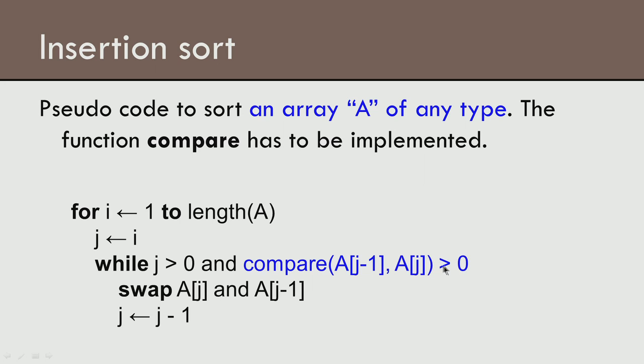The result of compare tells us whether a swap must be performed or not. If the result is more than 0, then definitely a swap must be performed, essentially saying that a of j is smaller than a of j minus 1, so the two elements must be exchanged. If the result is less than or equal to 0, then no swap needs to be effected because a of j minus 1 is not larger than a of j. So what we are going to look at is the implementation of a compare function when the elements of the array are words.